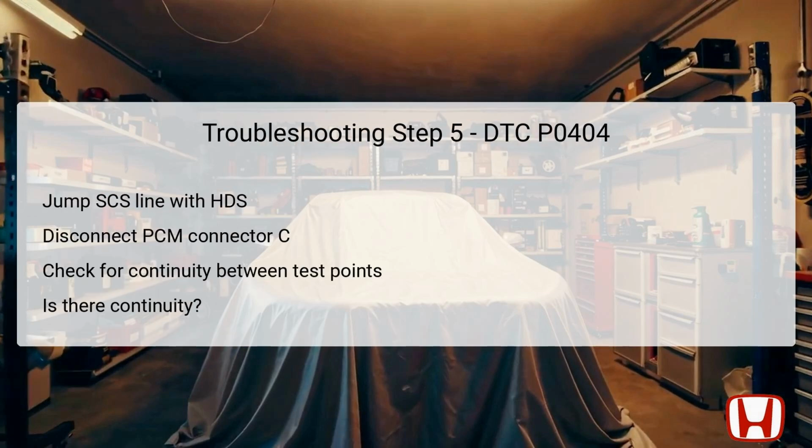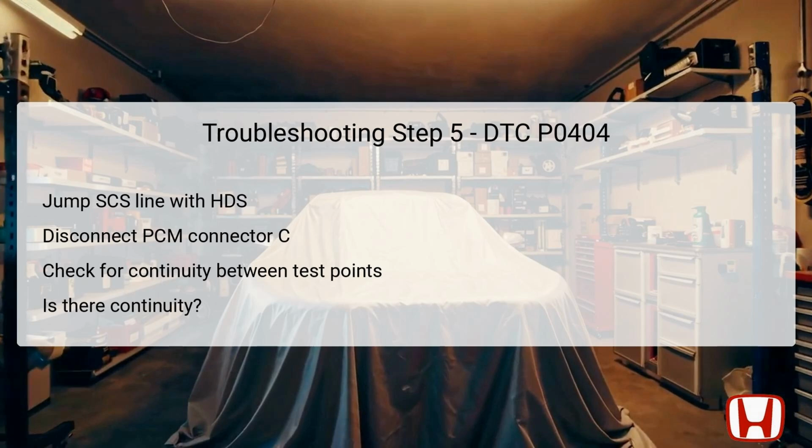For the fifth troubleshooting step related to DTC P0404, start by jumping the SCS service check socket line using the Honda Diagnostics system. This action prepares the diagnostic system to monitor wire integrity effectively.